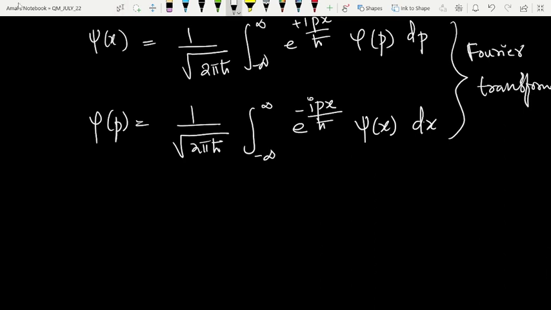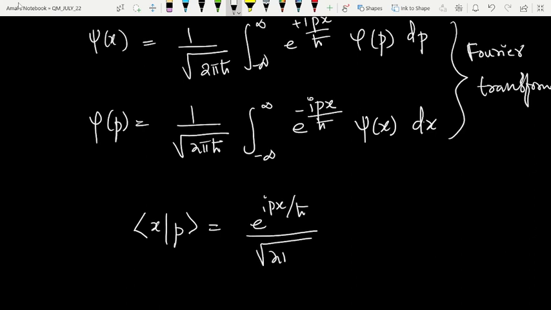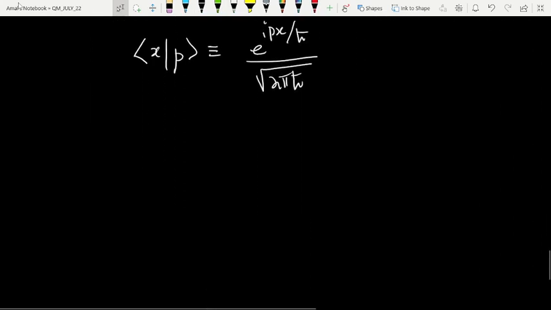And so we defined x with p as e raised to ipx by h cross by square root of 2 pi h cross. And what is this quantity actually? Inner product of x with p.